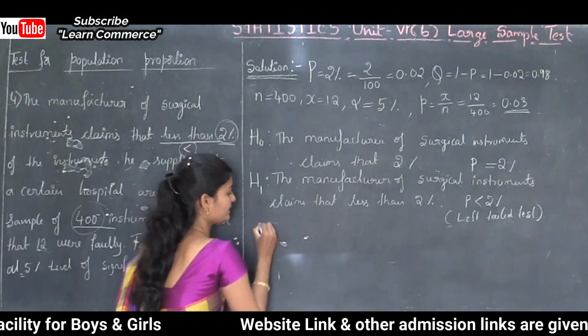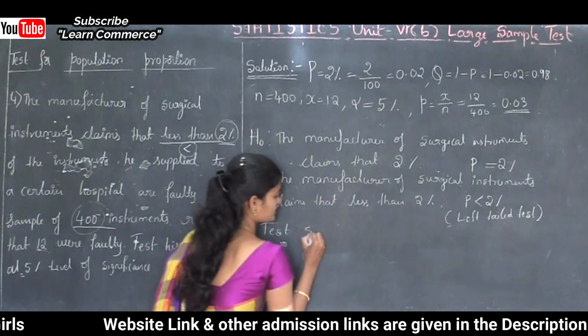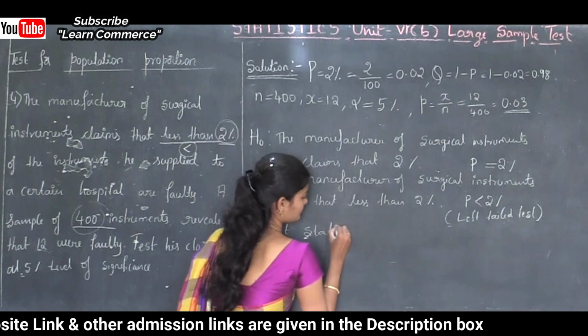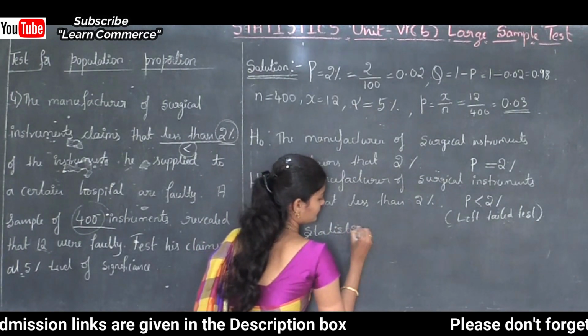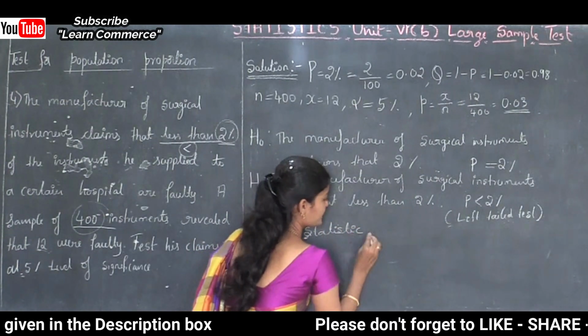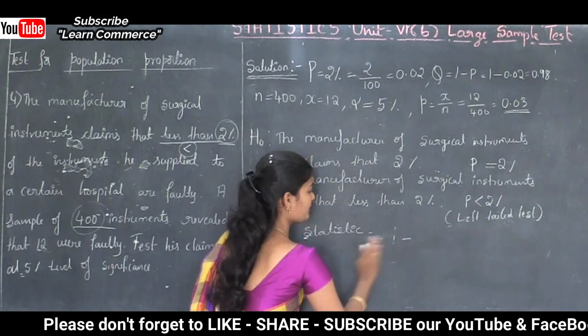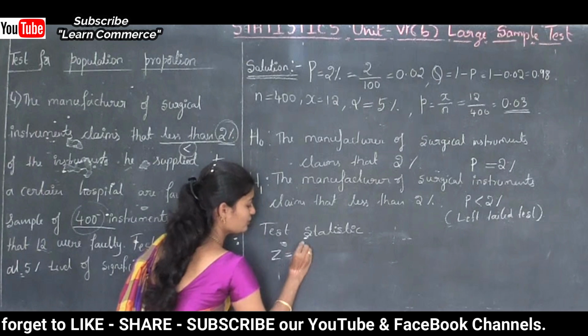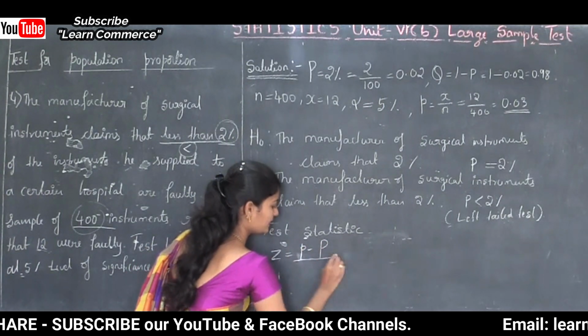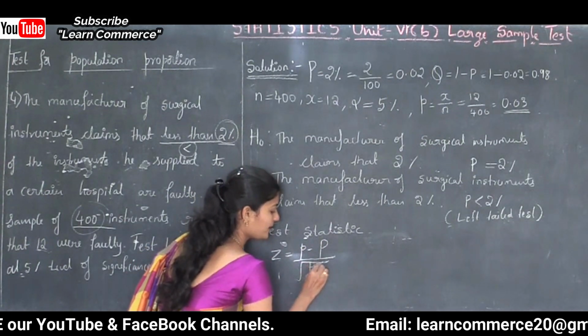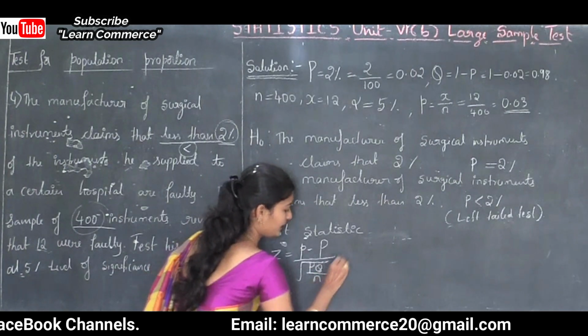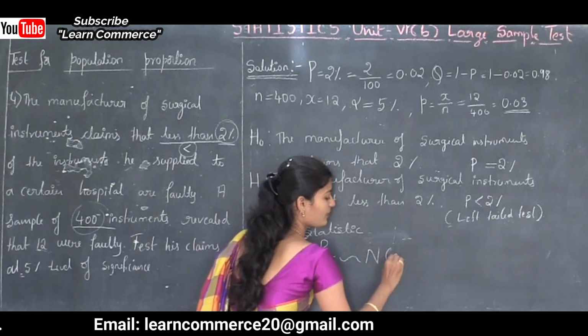Okay, next step 3, that is test statistics. That is Z is equal to small letter p minus capital letter P divided by square root of P into Q divided by small letter n, which follows normal 0, 1.